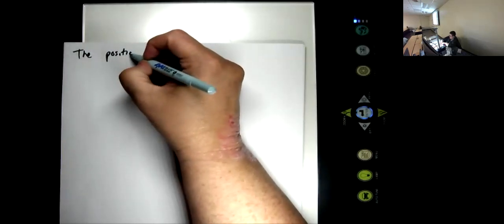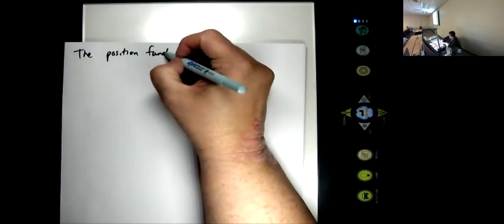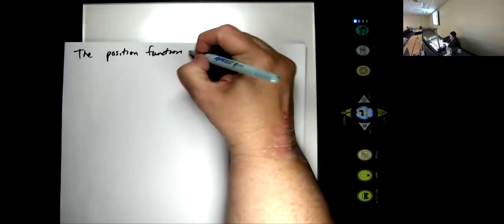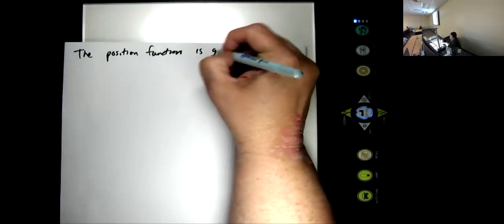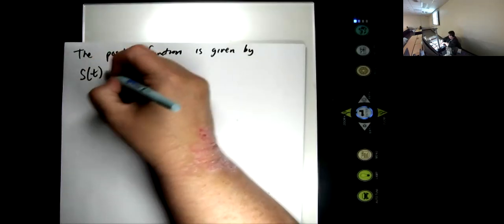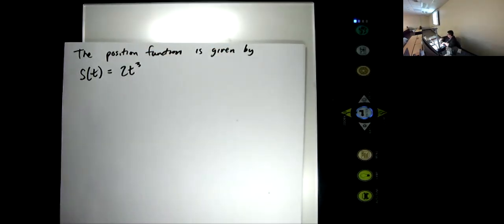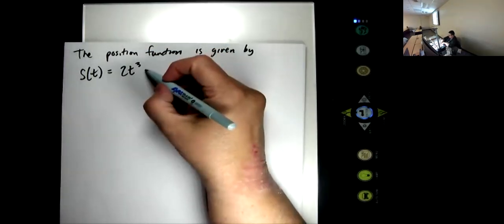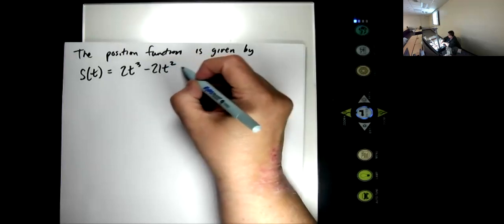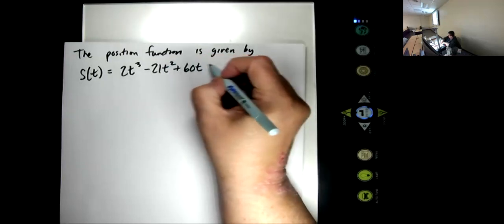Let's say the position function is given by S of t equals 2t cubed minus 21t squared plus 60t plus 3.